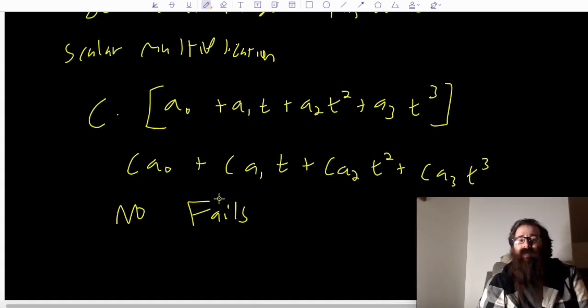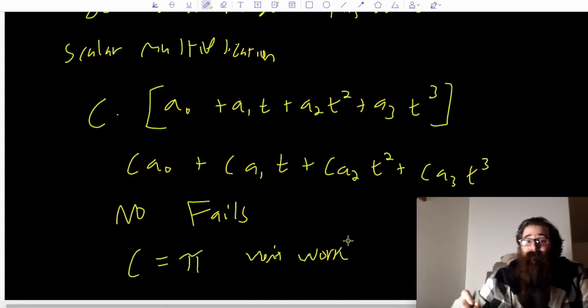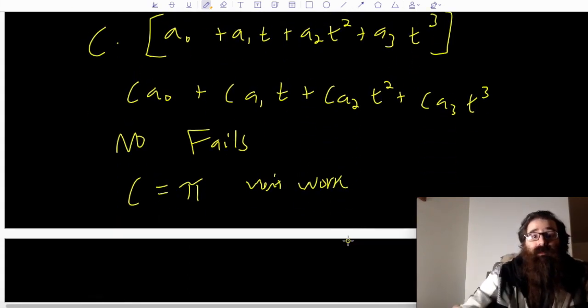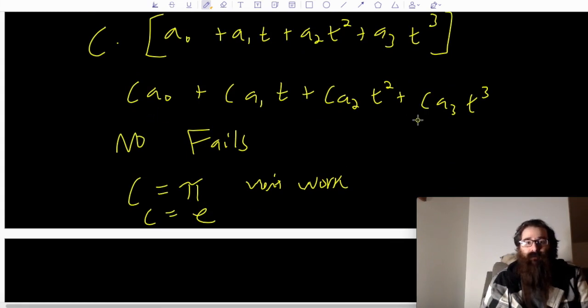And you can think of some examples, because in fact, there are examples that will work for c, but it won't work for any real number. So for example, what if c is pi? If I multiply by pi, pi times an integer is not an integer. So that won't work. Or my favorite number, e, won't work either. If I take the real number e times an integer, that won't keep my integer coefficients.